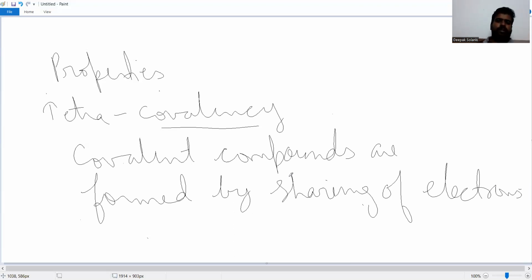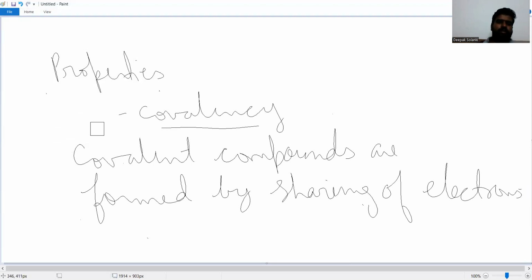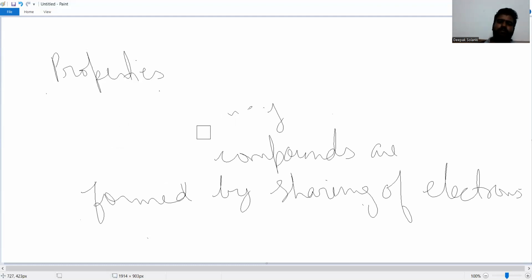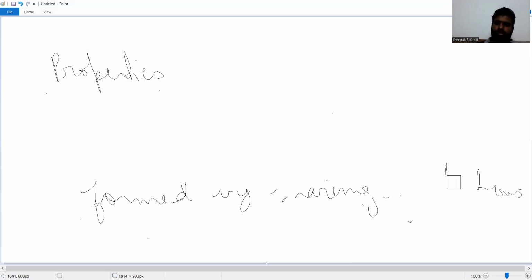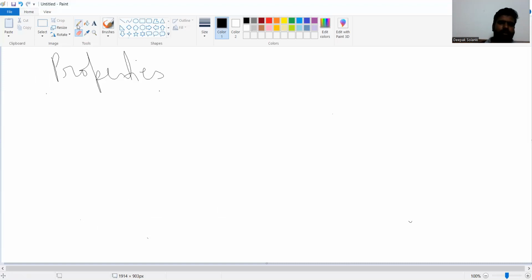Now the question arises: why does carbon only form covalent compounds? Why doesn't it form ionic compounds? What will be the answer then? As I said, the answer lies in carbon's structure. Its valency is 4. It has 4 electrons in the outermost shell. So let me write down the question. It's a very important question.